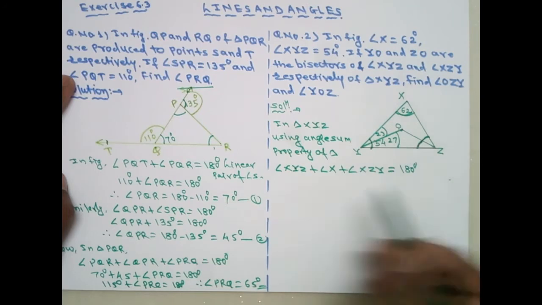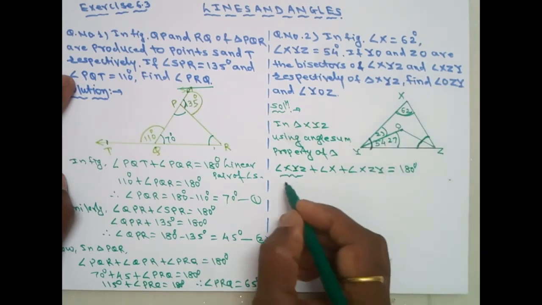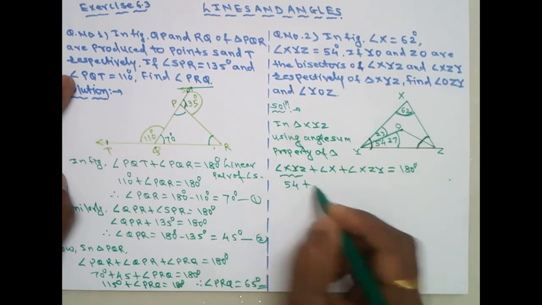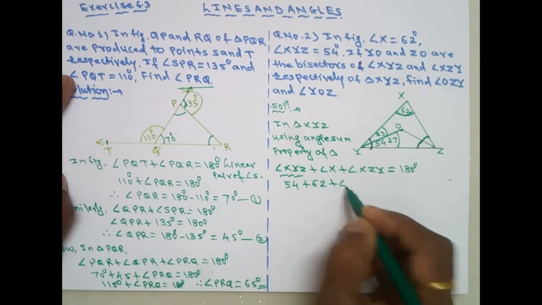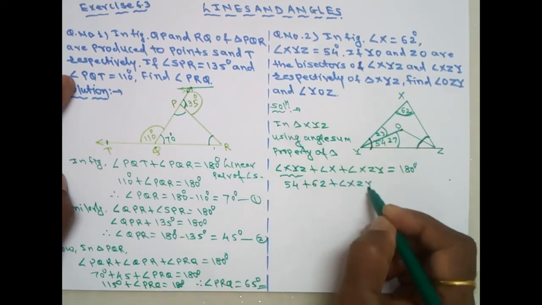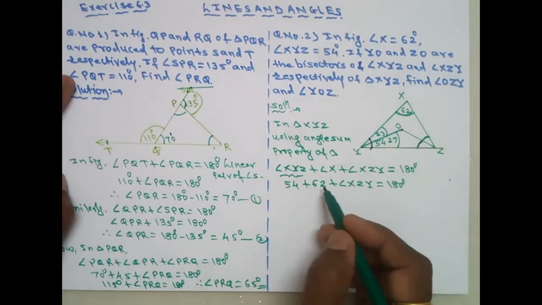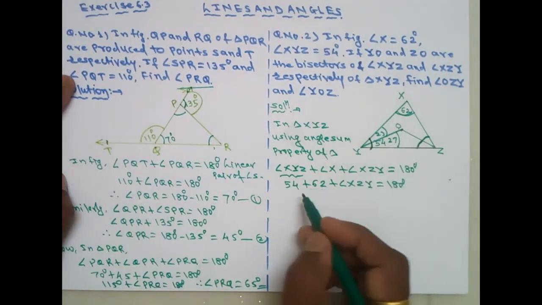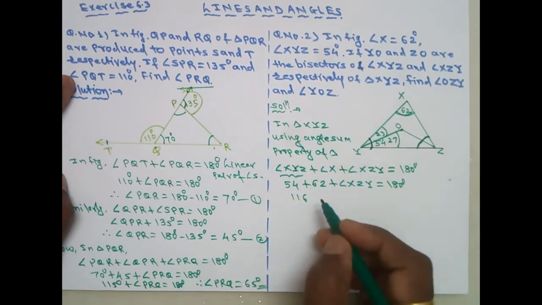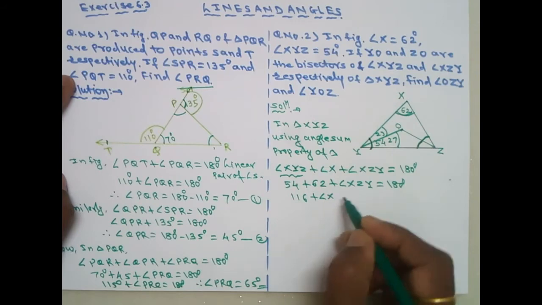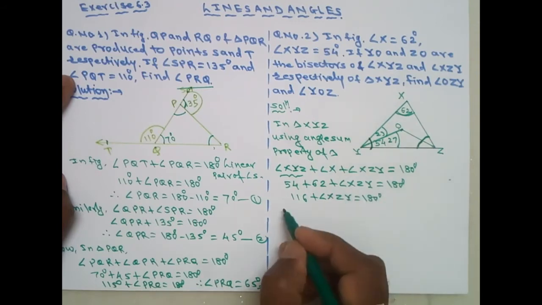Now what is XYZ? XYZ is, this is complete angle 54. So 54 plus what is angle X? Angle X is 62 plus angle XZY equals to 180 degree. So this will be 62 plus 54, that is 116, plus angle XZY equals to 180 degree.